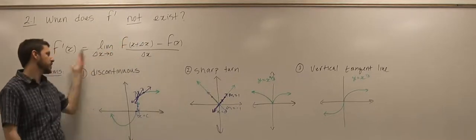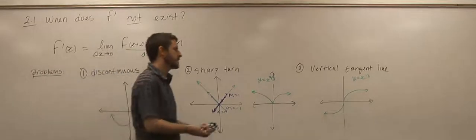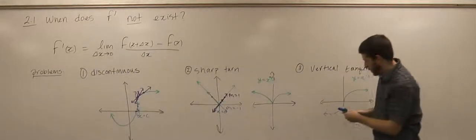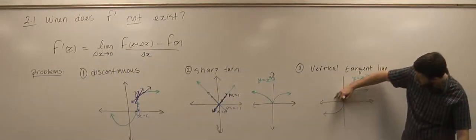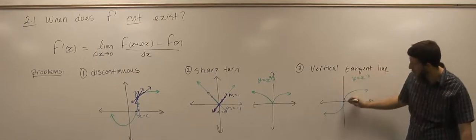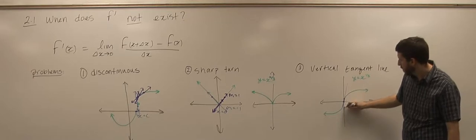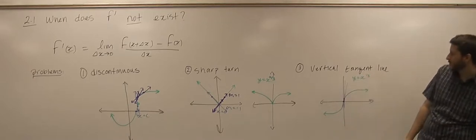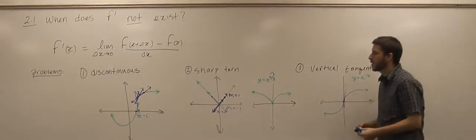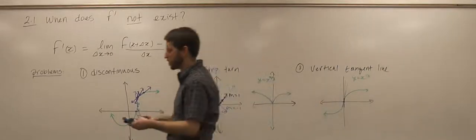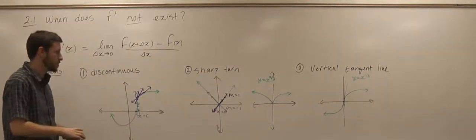So the limit, we're going to say the derivative doesn't exist as it goes to infinity. As you start picking points closer and closer to 0, you're getting a super steep tangent line, and the closer you get, the steeper it gets. So these are the 3 easy cases where a derivative can't exist.